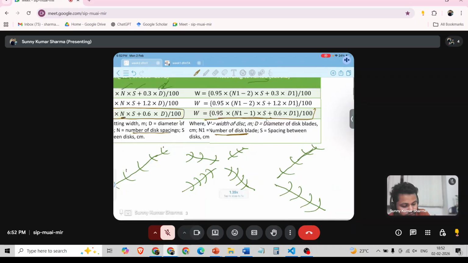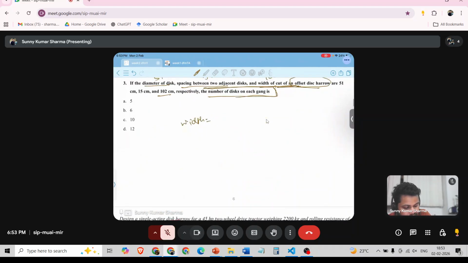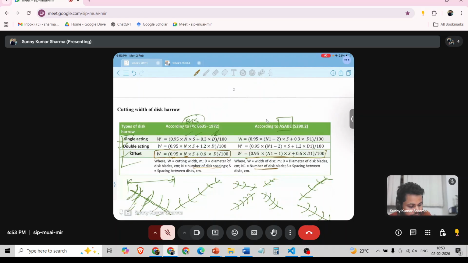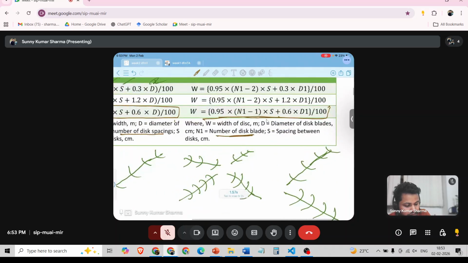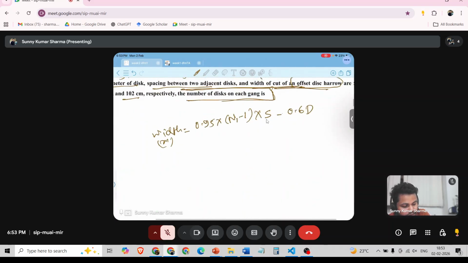Suppose we use this formula: width of cut equals 0.95 into (n1 minus 1) into s, plus 0.6 into d, divided by 100, where s is in centimeter and d is in centimeter. We will get the width in meter.